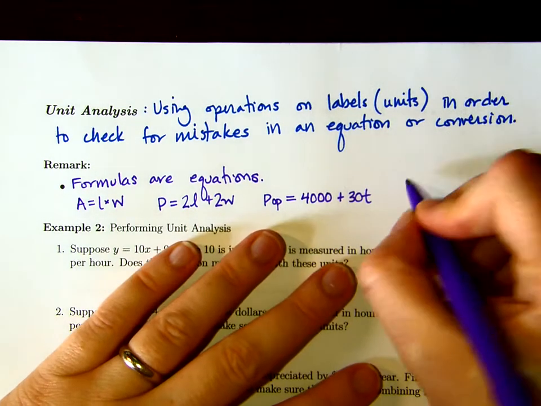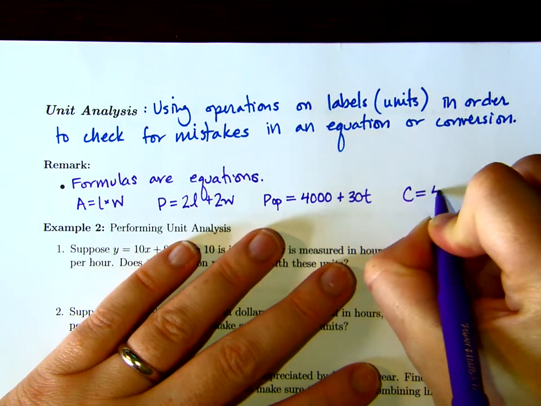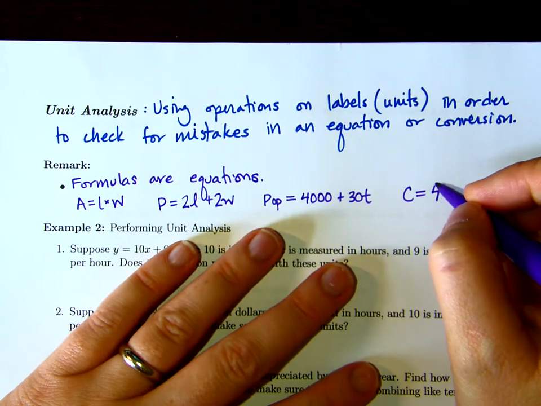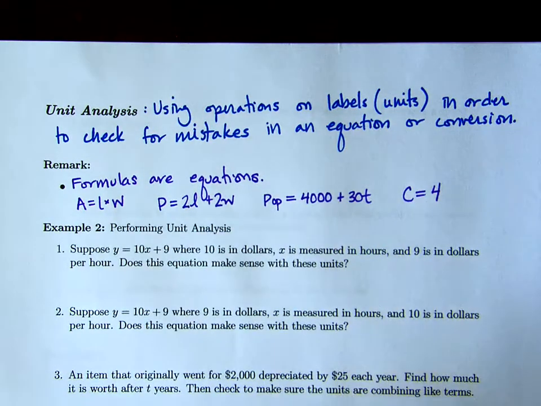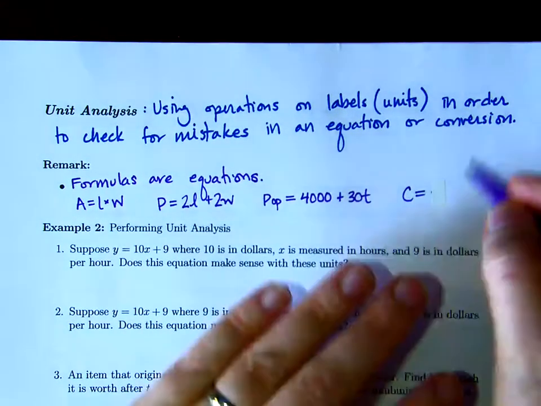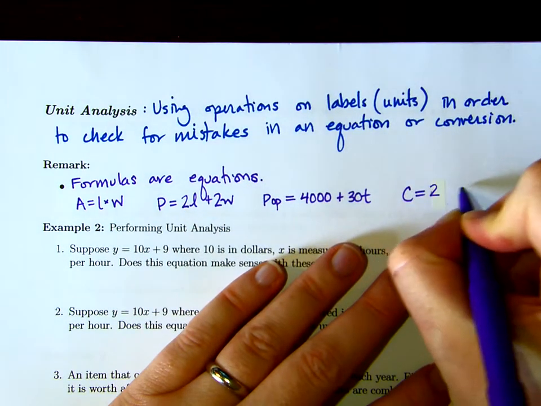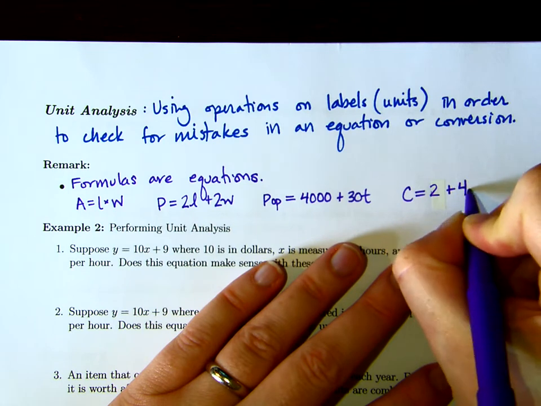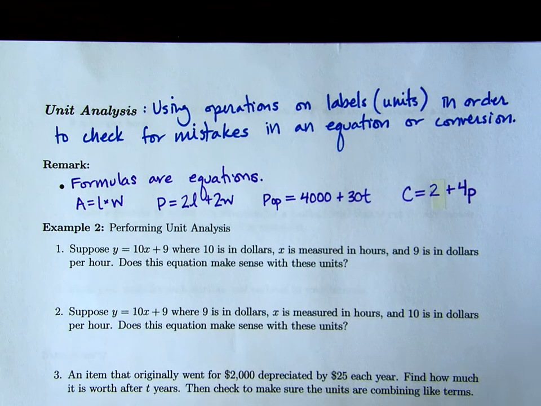We had a cost one. I'm remembering there was like a $2 flat fee plus $4 per pizza or whatever. $2 plus $4 per pizza, right? And that was the total cost of getting pizza.